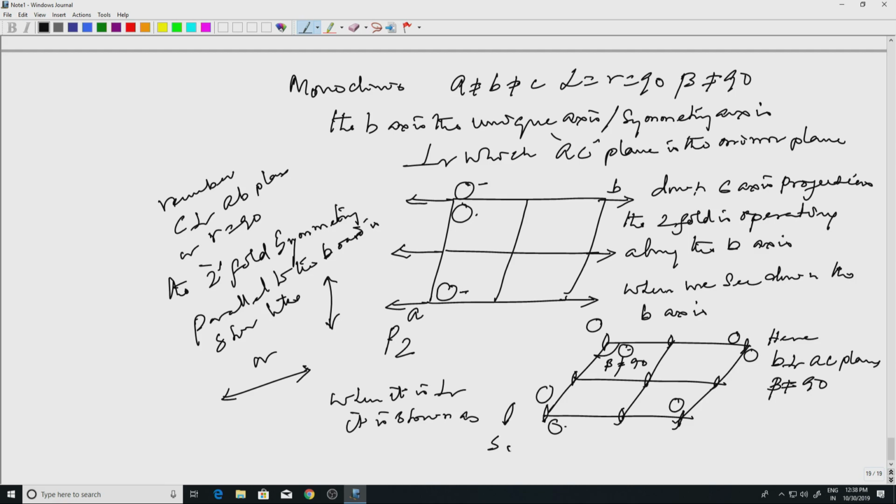So there are 1, 2, 3, 4 unique two-fold operating along the B axis perpendicular to AC plane.